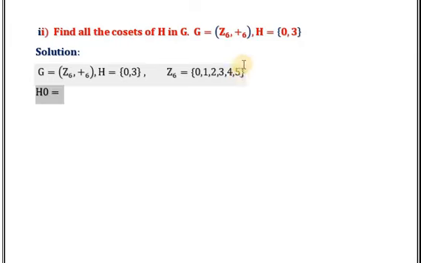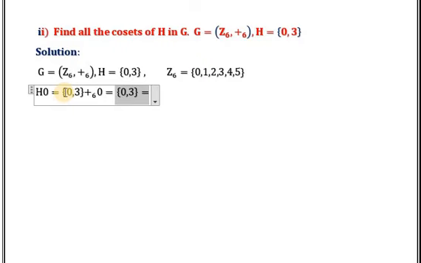Now let us find out H0. With 0 first, let us operate 0 on {0, 3}. When you add 0 to 0 and 3, the elements are 0, 3. We are operating the set H, that is {0, 3}, with 0 first, the first element of Z6. So that is {0, 3}. Then operate with the next element.